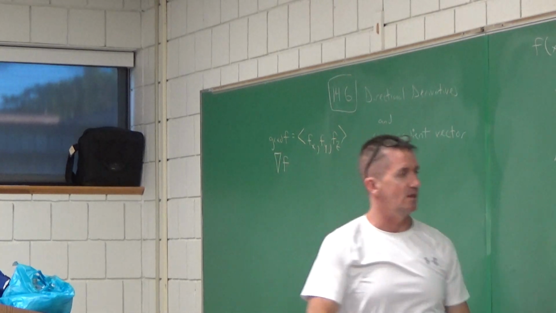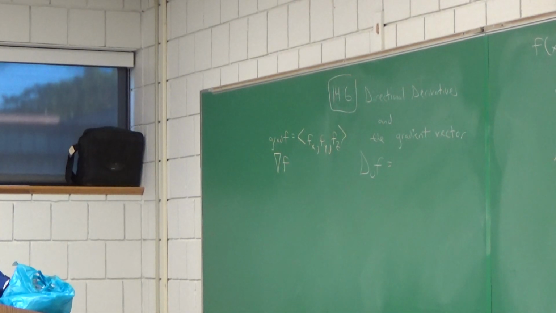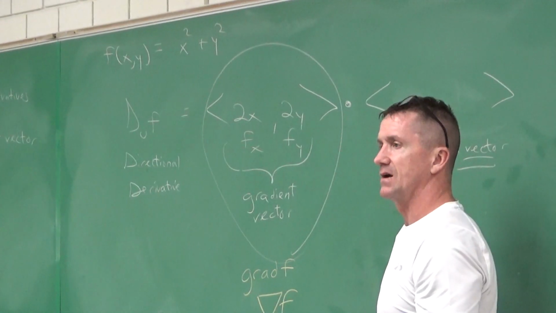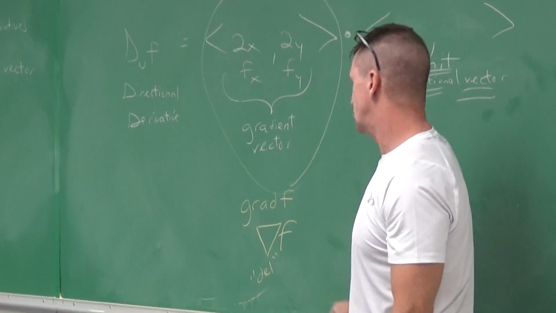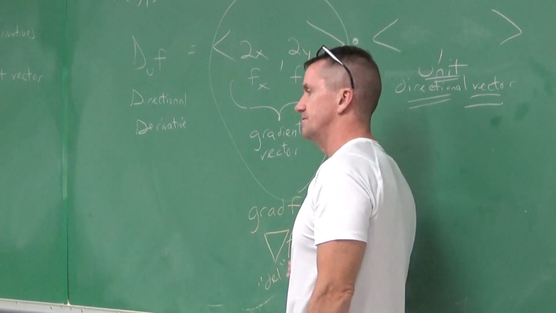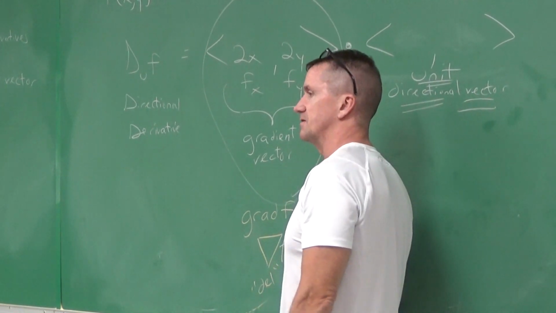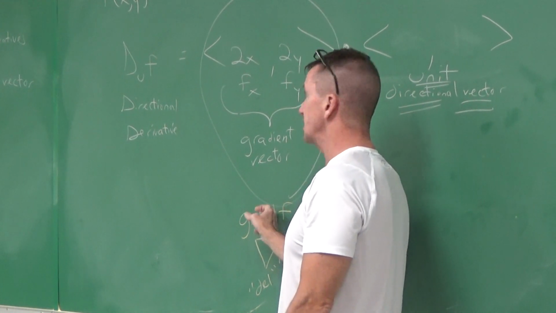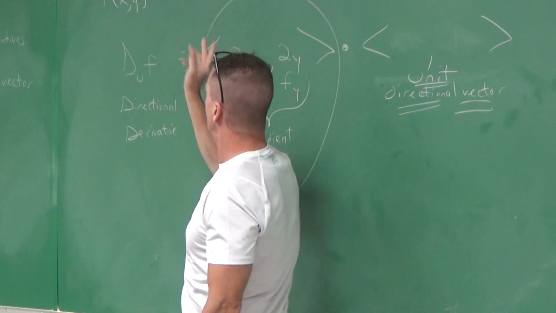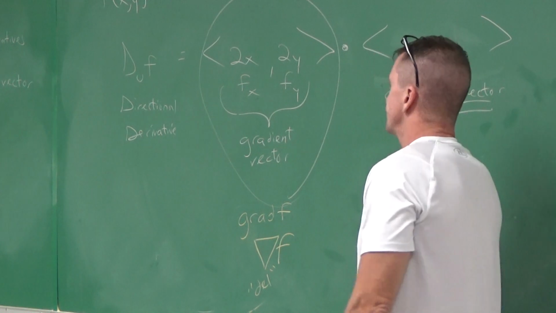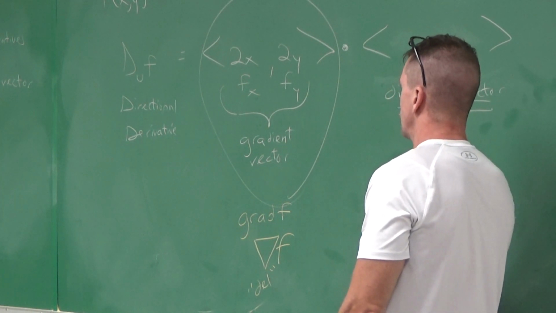That symbol's called del, D-E-L. So when I'm saying del f, I'm talking about the gradient vector. But grad f is also the gradient vector. Gradient of f, gradient of the function. They give you some function, we get the partial derivatives, and you can find out what that vector is.